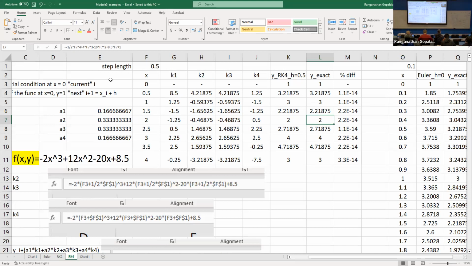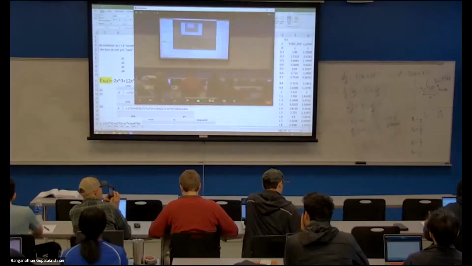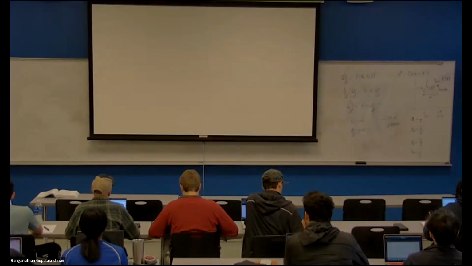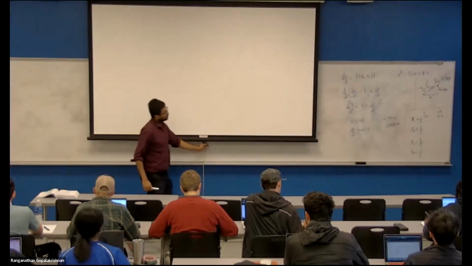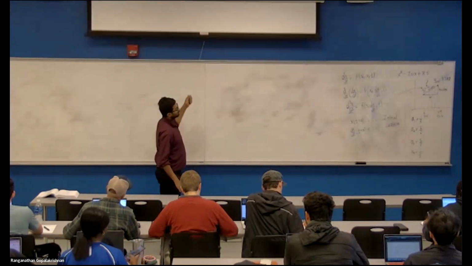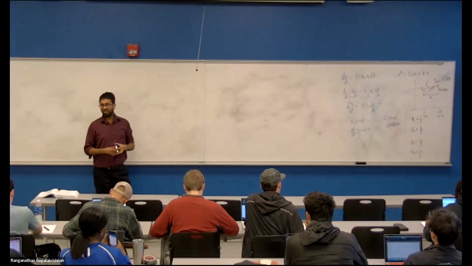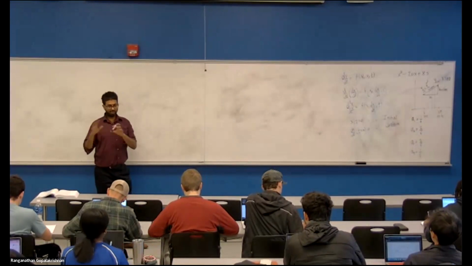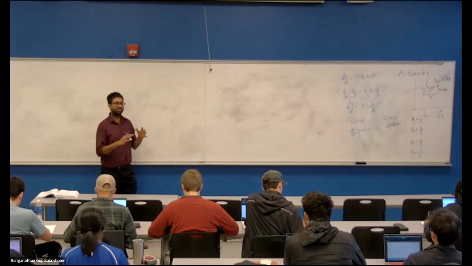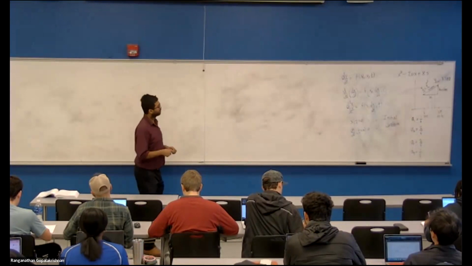So the goal now is shifting to how do I solve second order ODEs, and to learn second order, you should be able to make the leap to third order, fourth order. We are not going to discuss all those, but at least you will be able to think about it.